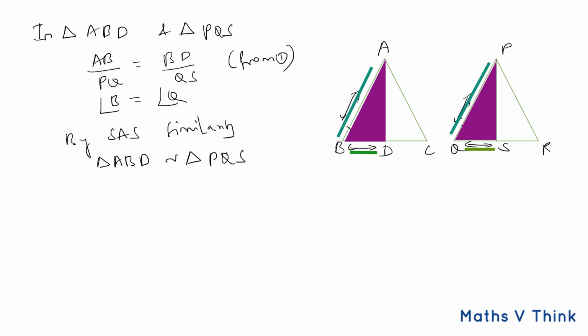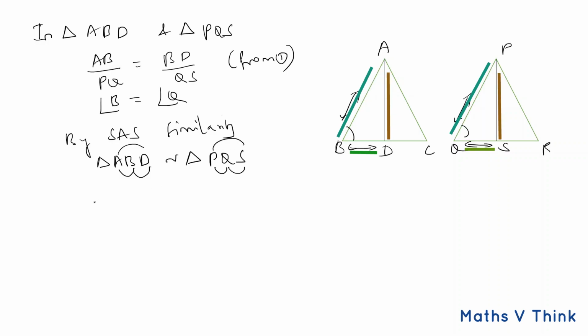Once I proved the similarity, can I tell the corresponding sides are proportional? So AB by PQ is equal to BD by QS is equal to AD by PS.